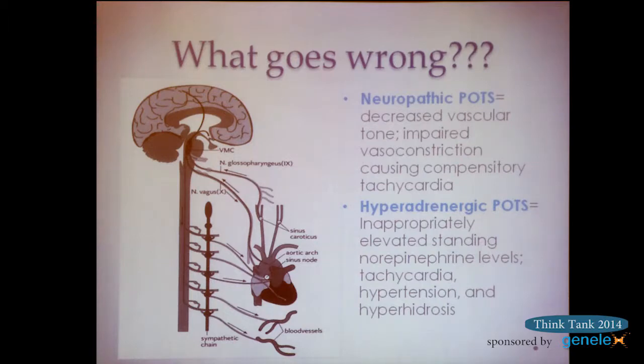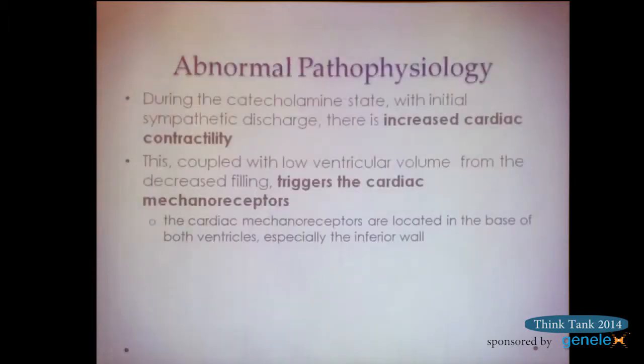There's pronounced tachycardia, hypertension, and hyperhidrosis, so again, an abnormal sweating reflex. During the catecholamine state with initial sympathetic discharge, there's increased cardiac contractility. The norepinephrine is released, and this affects the inotropy as well as the chronotropy of the heart.